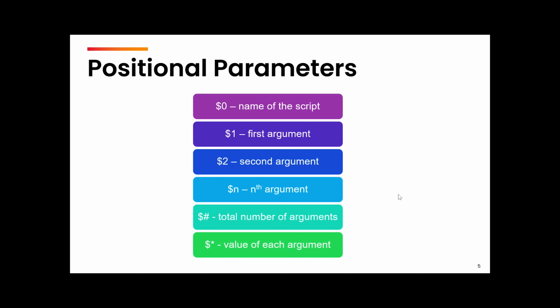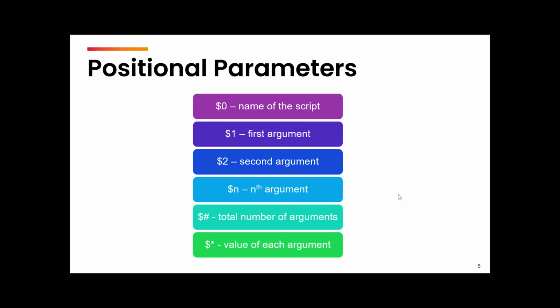Similarly, if you want that someone can pass parameters while running your script, then to read them into the script, you need to make use of these variables $0, $1, $2, $3 and so on till $n. So n will become the nth argument.